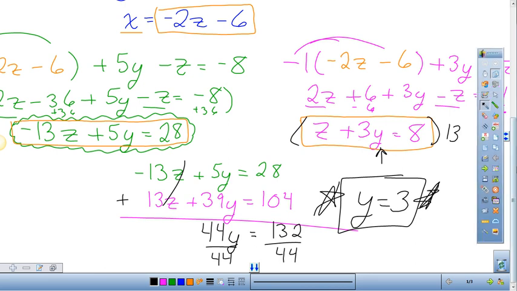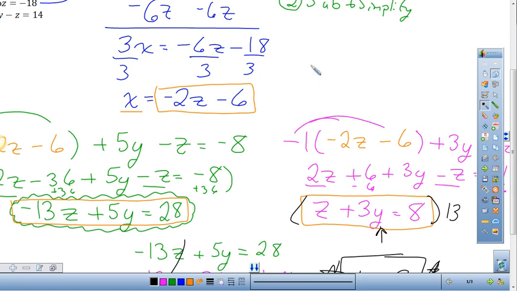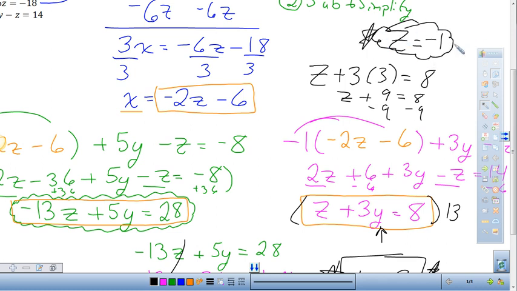Okay? So this is where everything kind of unravels nicely. So I have z plus 3 times 3 equals 8. That's z plus 9 equals 8. And when I subtract 9 on both sides, I get that z equals negative 1. Again, there's one of my big answers.